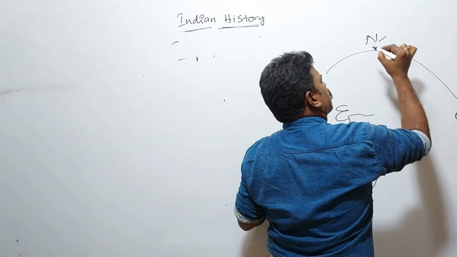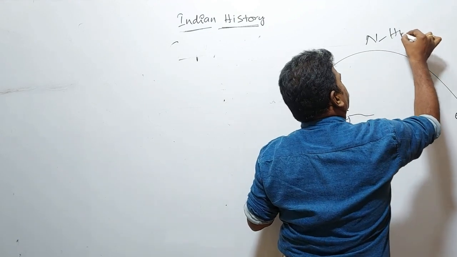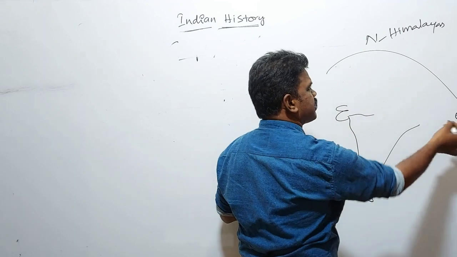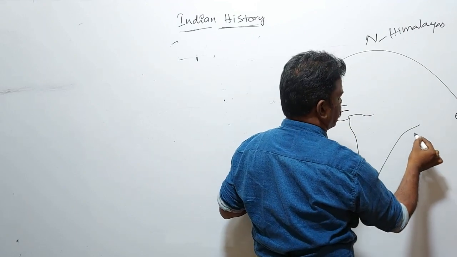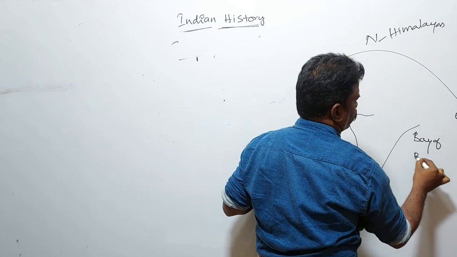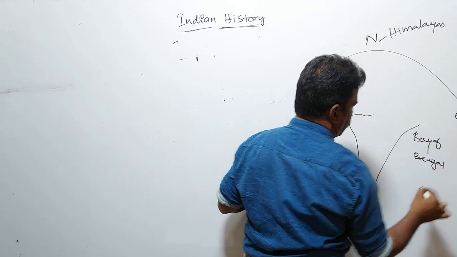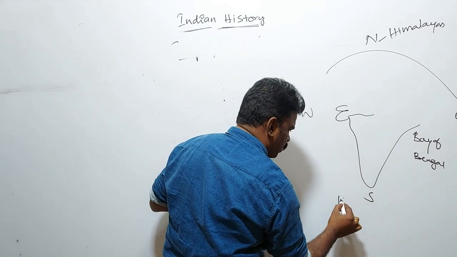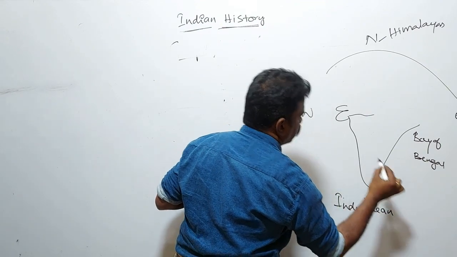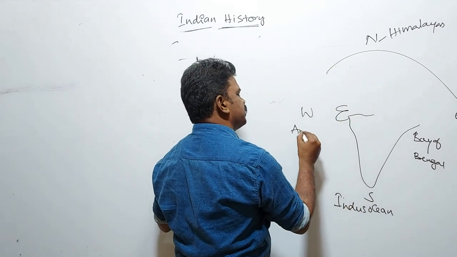The boundary of northern India is the Himalayas. The boundary of eastern India is the Bay of Bengal. The southern part is the Indian Ocean. The western part is the Arabian Sea.